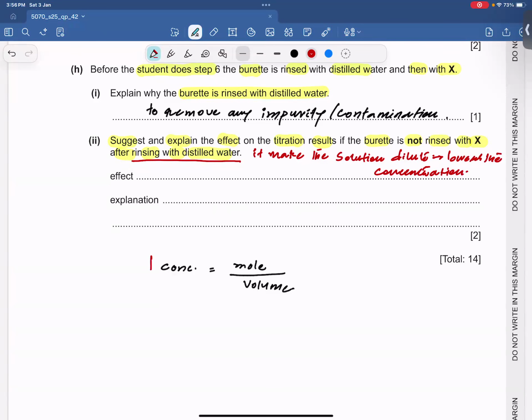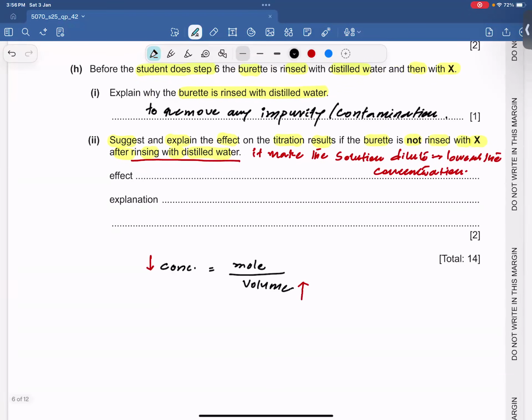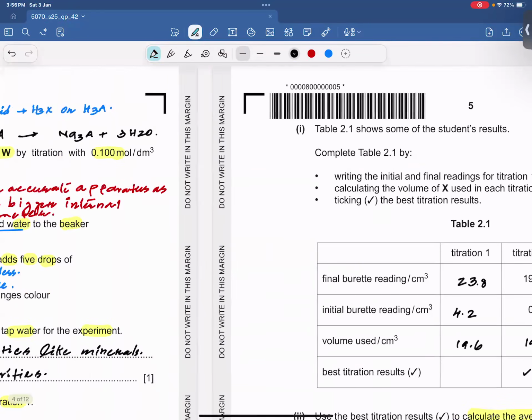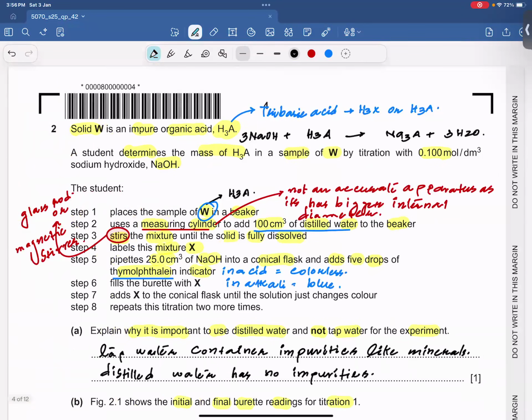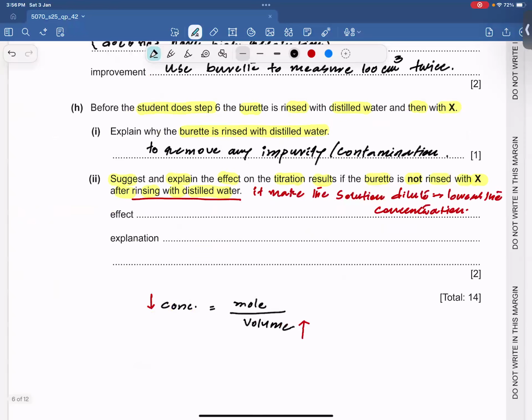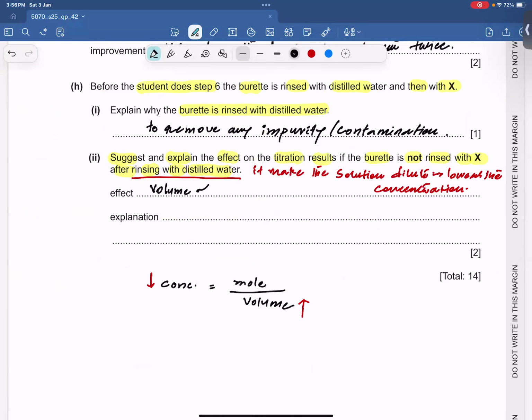According to the formula, if concentration decreases, obviously the volume of X required for the titration should increase. So the effect is that the volume of X required for titration would increase. Will increase.